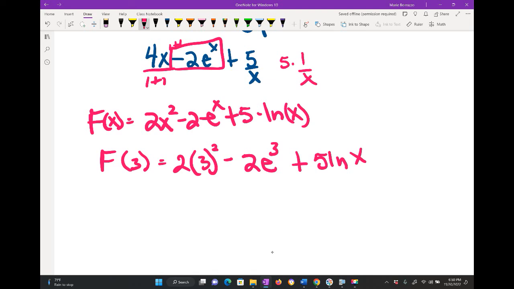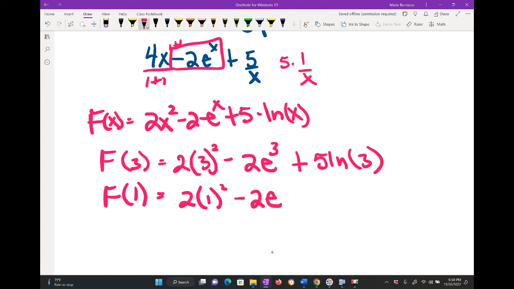In this case, the x would be 3, so we would just put a 3 here. If you do f of 1, in this case, you would have 2 times 1 squared minus 2e to the first power plus 5 natural log times 1.